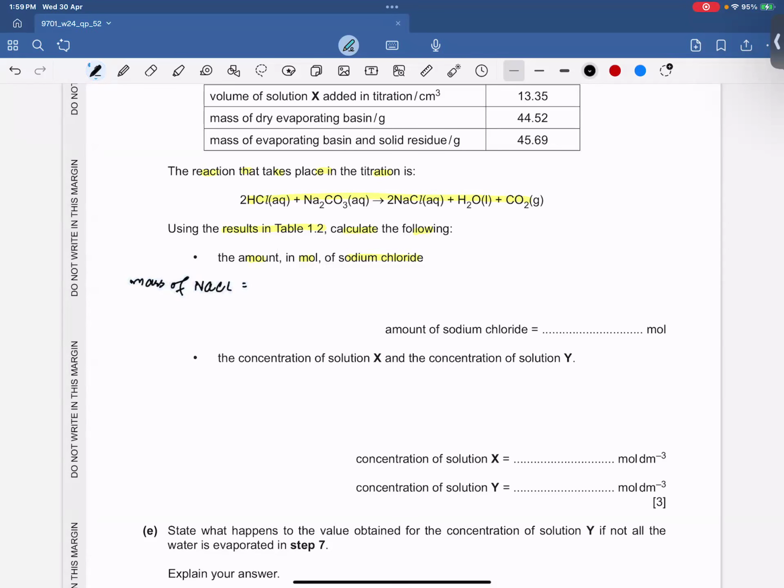Mass of NaCl. So mass of basin plus solid residue minus mass of dry basin.